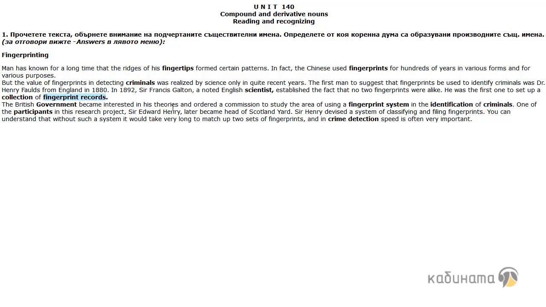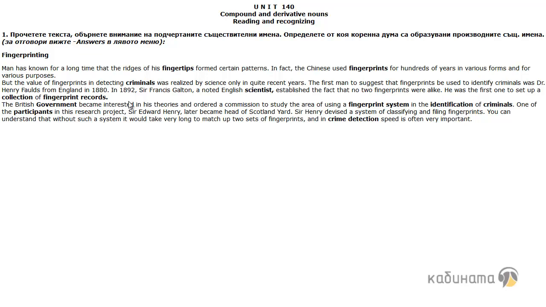Nouns that come from more than one word. Fingerprint records. Also, fingerprint system. Once again, this is a compound noun. Yes, it comes from fingerprint and system. Crime detection. Also, this is a compound noun. Crime detection.